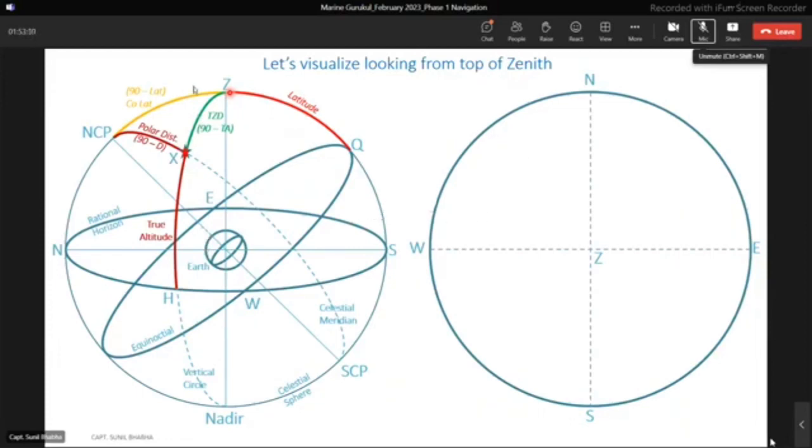In fact, any vertical circle you draw will appear as a straight line or a radial line in the rational horizon diagram. Okay sir. Are you able to visualize better? Yes sir, yes. Okay, great. It'll keep on becoming clear as we go further.